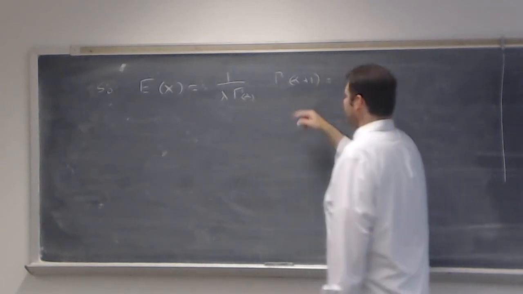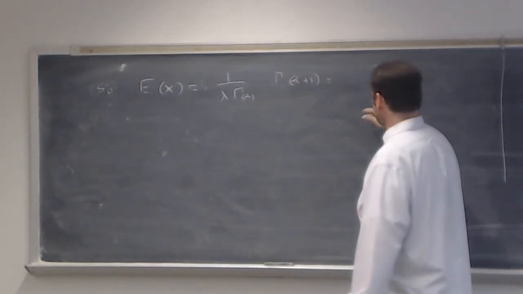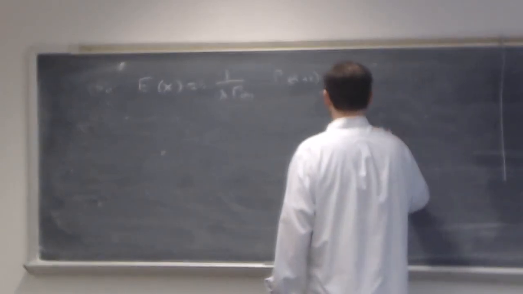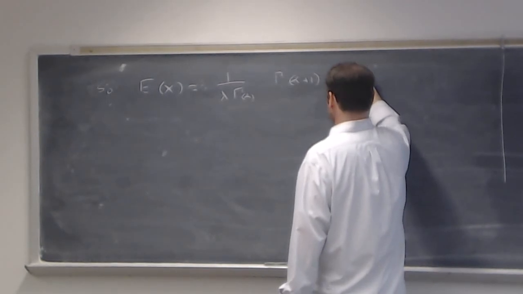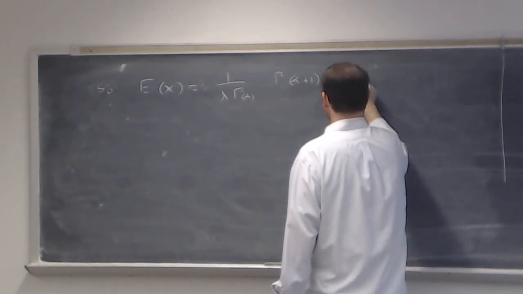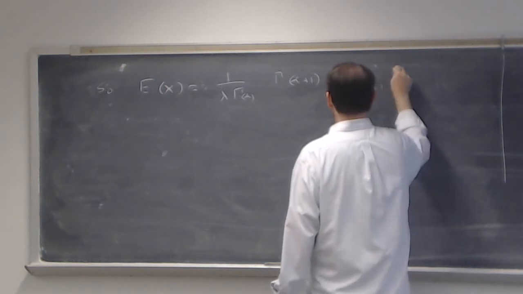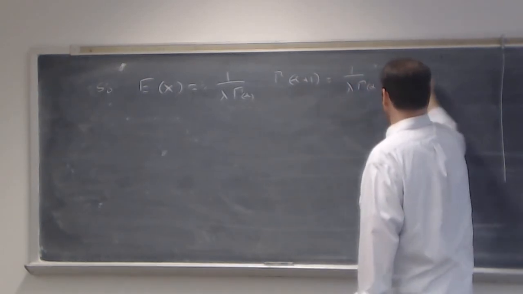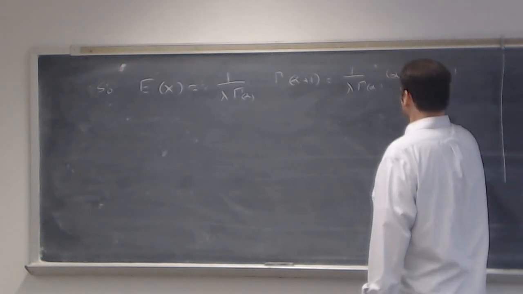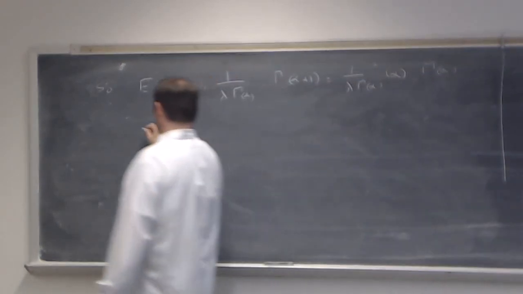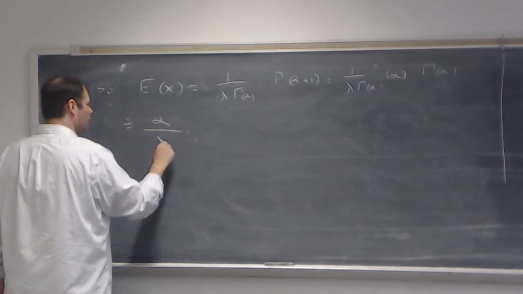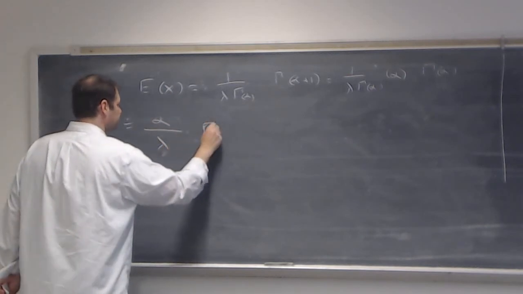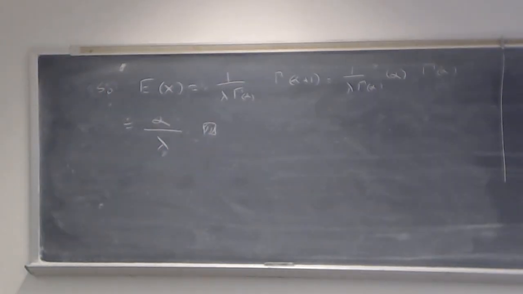But by the fact that I proved to you, this is equal to 1 over lambda gamma of alpha. Here, this will be alpha, okay, so 1 less than what we're taking gamma of, and then gamma of alpha. And these two gammas of alpha will cancel, and that's equal to alpha over lambda. That's what we want to show.